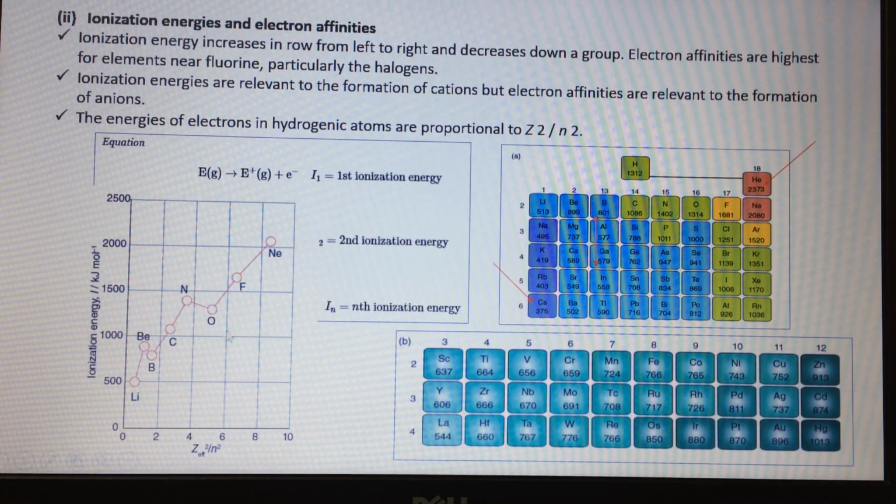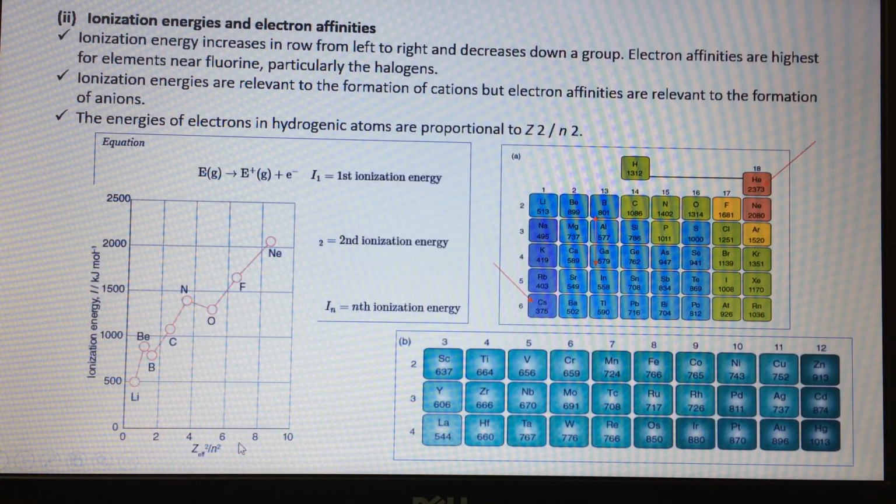And if you see, these are the plots, ionization energy versus Z effective squared upon n squared.